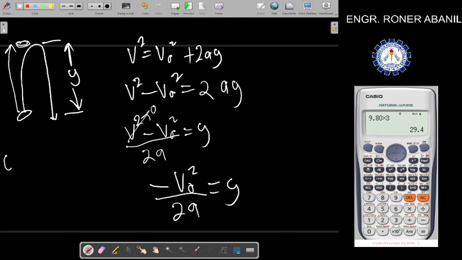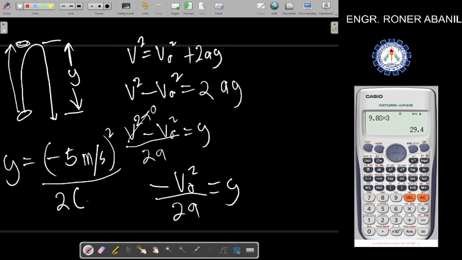So, y equals negative 5 meters per second square over 2a. Yung acceleration na binigay niya is acceleration due to gravity na negative 9.80 meters per second square.